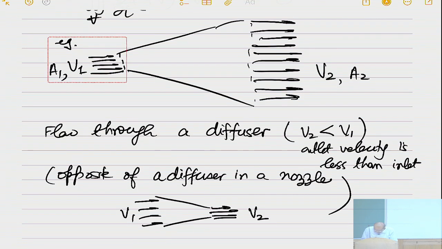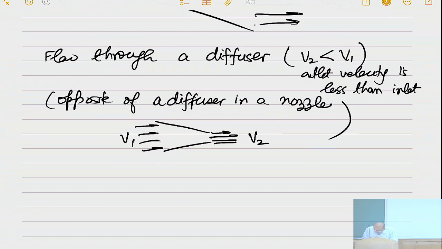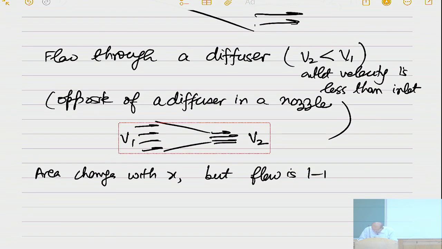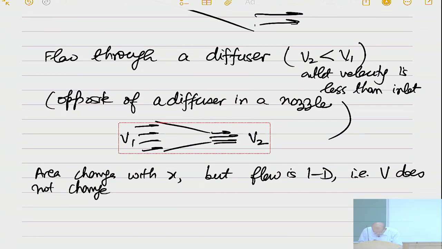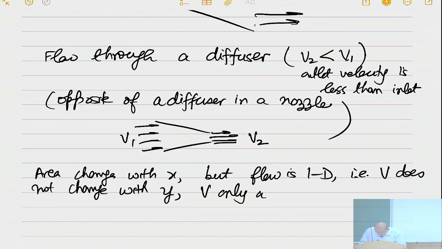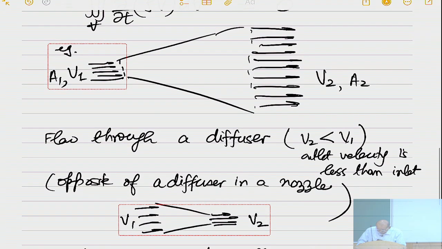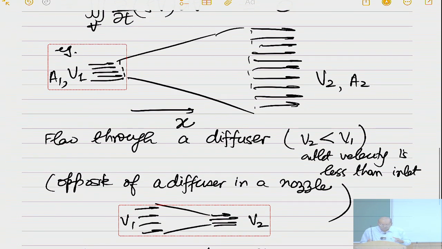So now, if you are looking at a problem like this, let us say what is given to us is the area changes with x, so this is the x direction.